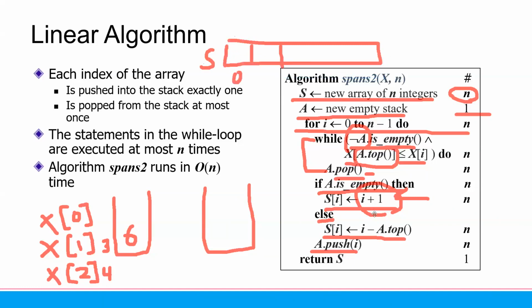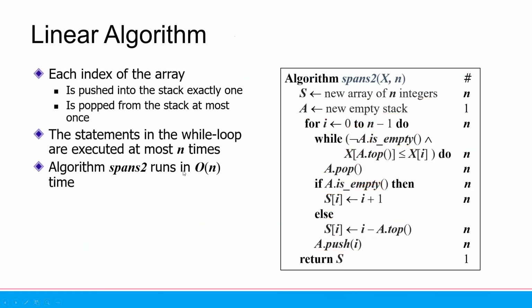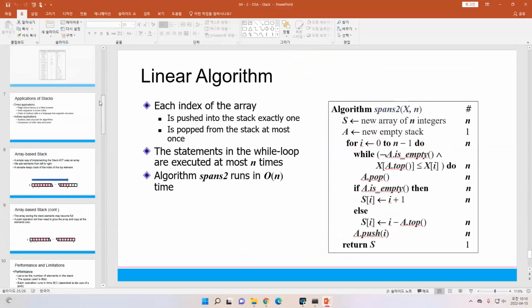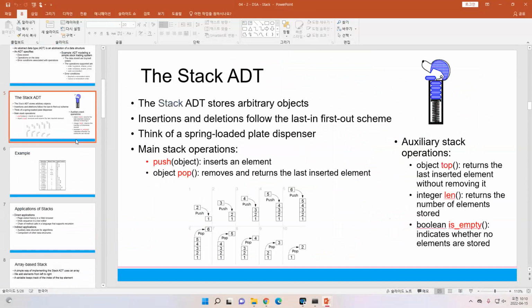The index i will be i minus A top. So i is the index 0, minus what we have at the top. If you see the top, what is the top? We just want to get the last element without removing it.